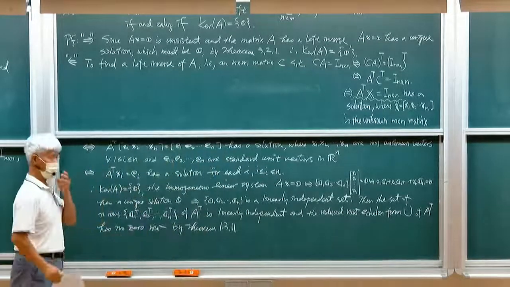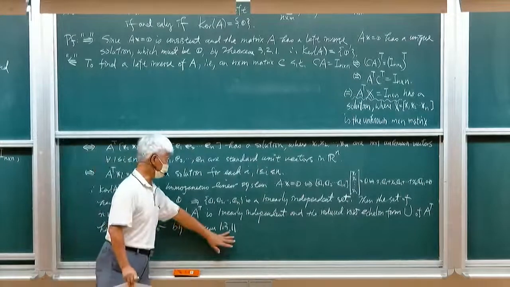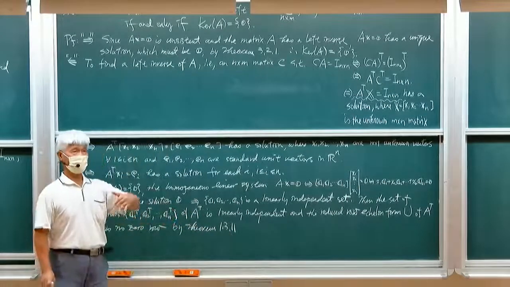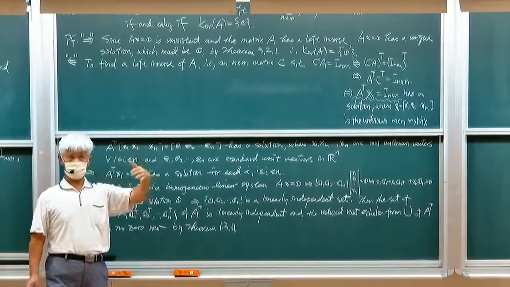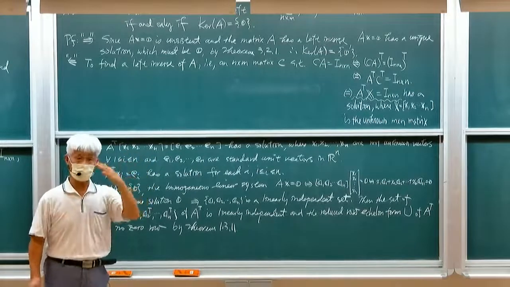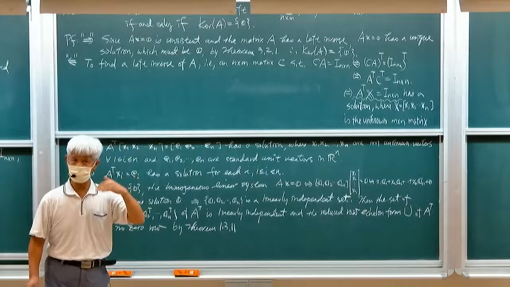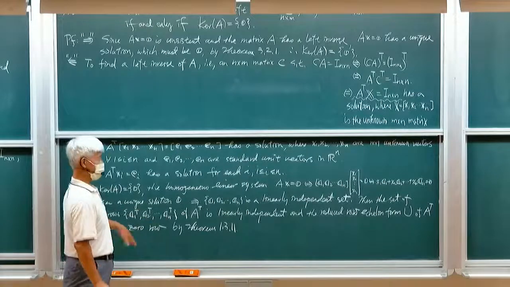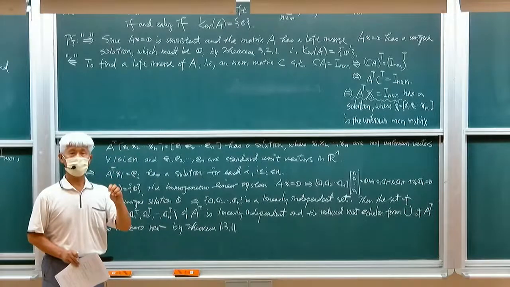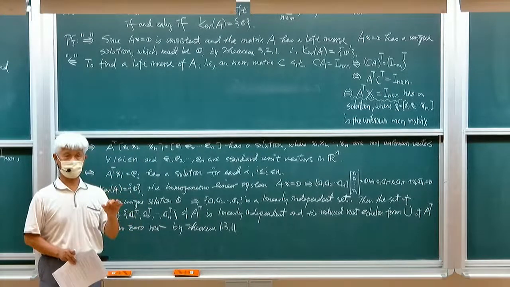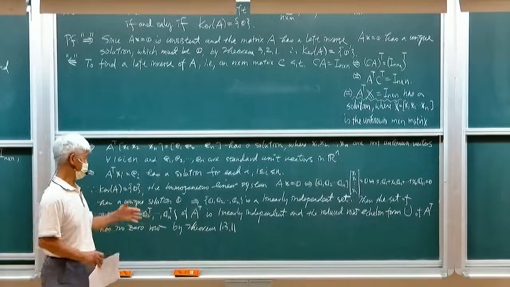In chapter 1 we showed that if the rows of a matrix form a linearly dependent set, then there is a zero row in any row echelon form of the matrix.